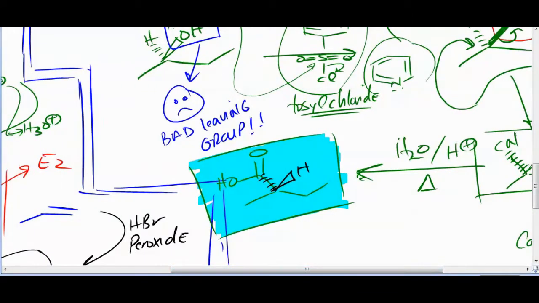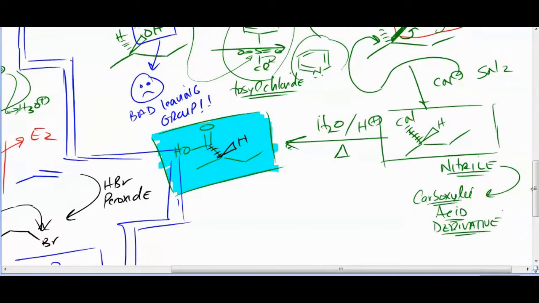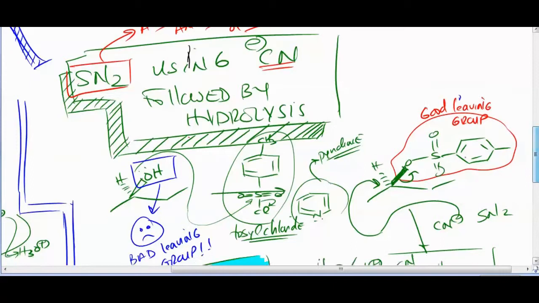I was a little confused about what happened with that oxygen. This thing here? Yeah. Okay, so the major thing you've got to know here, this is organic 1, is that OH is a bad leaving group. We want to turn it into a good leaving group. And we can just do an abbreviation here.